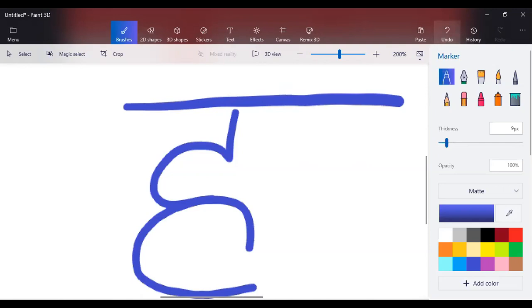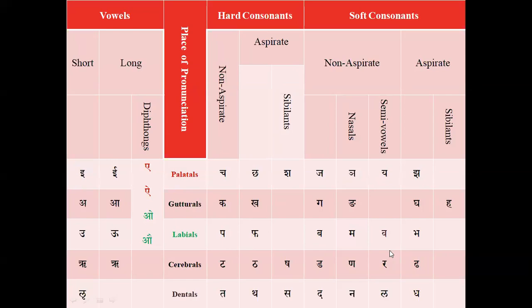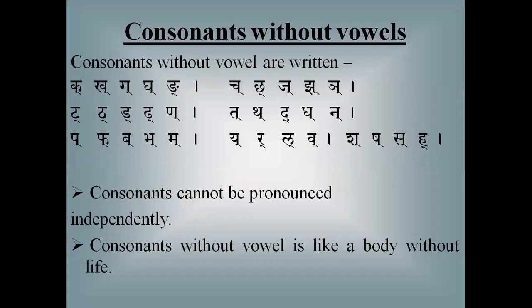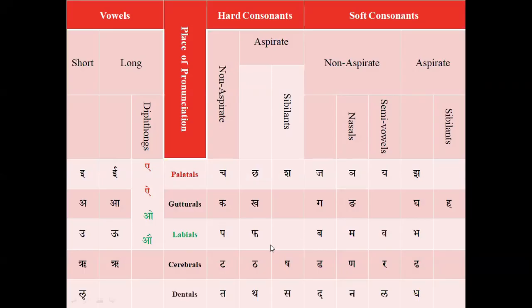So now you know how to write all the consonants. Now going back to the PowerPoint, today we will learn something more. You know the consonants we learned, ka, kha, ga, gha, nga, cha, chha, ja, jha, nya, all the class consonants, semi-vowels, sibilants.